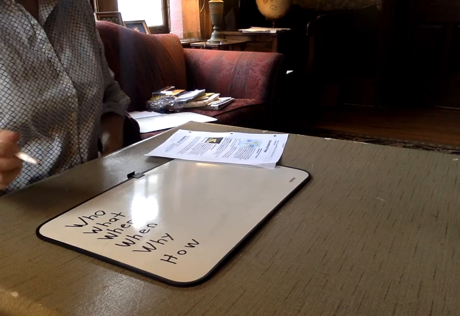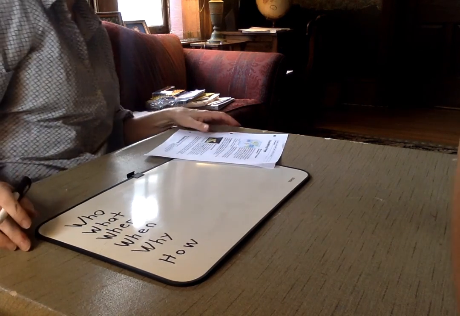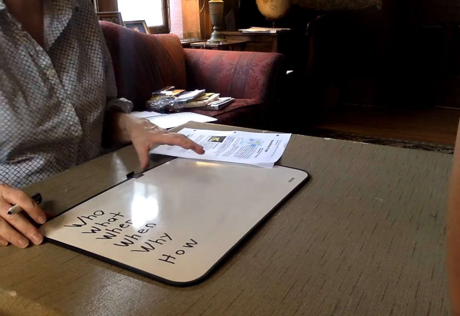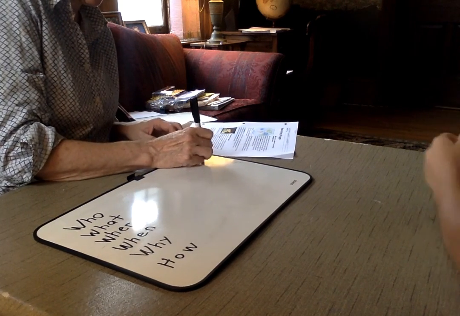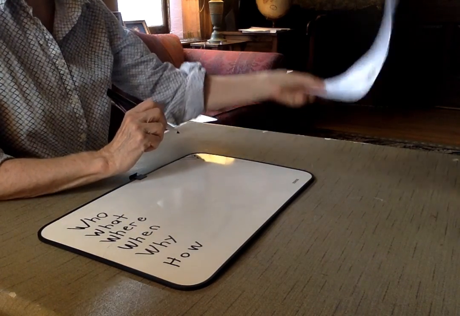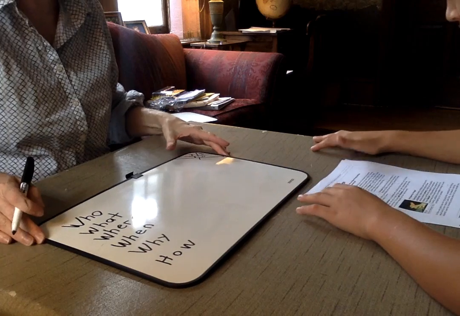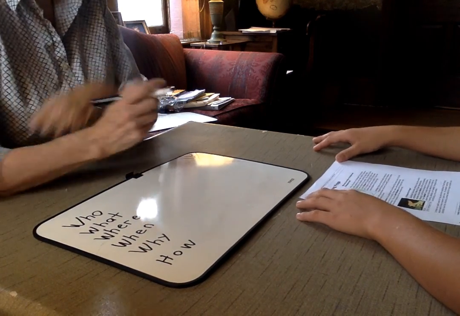So, according to what you have read, who is the main character in this little article? What would you say? Species. Be specific. Can I look in the page to find things? Sure, you may look in the page. Like frogs.